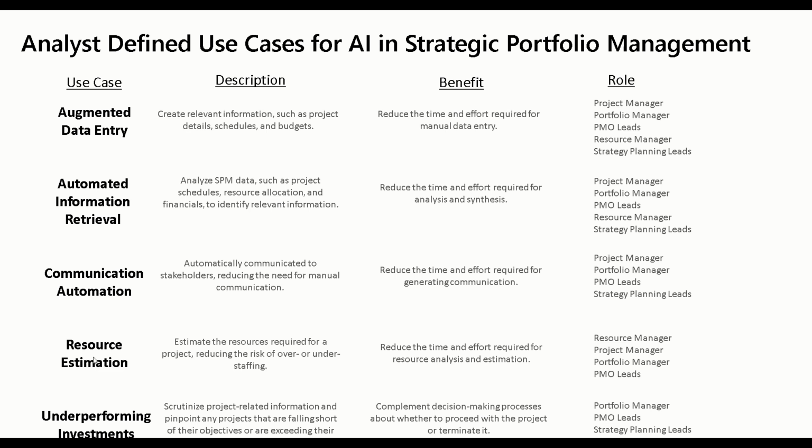Resource estimation always is, to our users, a key point. One of the primary use cases in project portfolio management. So you'll see here that there are some scenarios and prompts that we've already developed for resource estimation, which are really valuable.